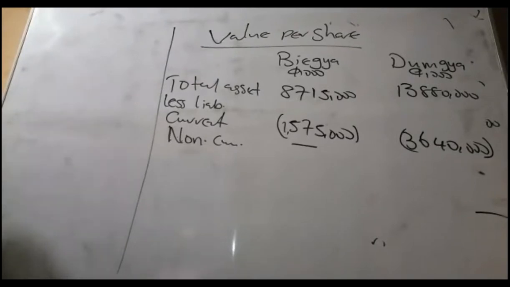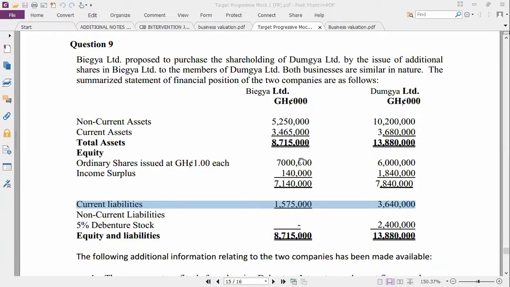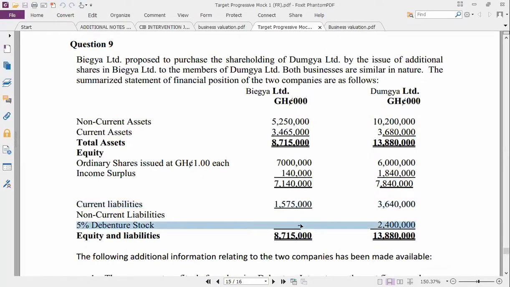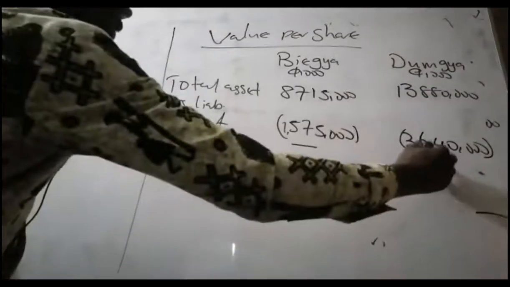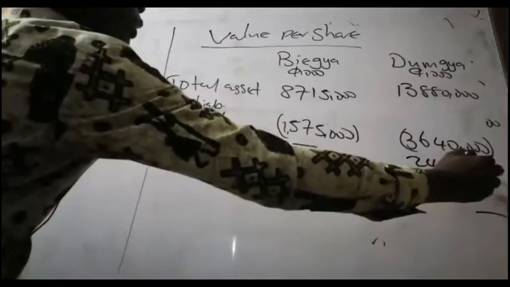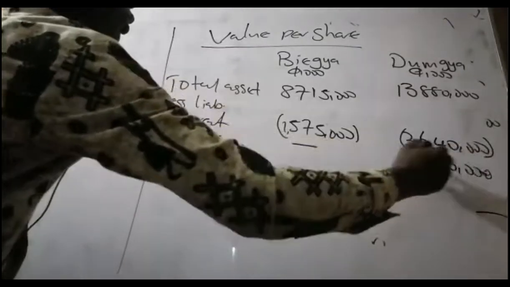The debenture for Dumja is 2,400. Bija does not have one, so that will be a dash in the question. Great. So 2,400, that's 2.4 million.